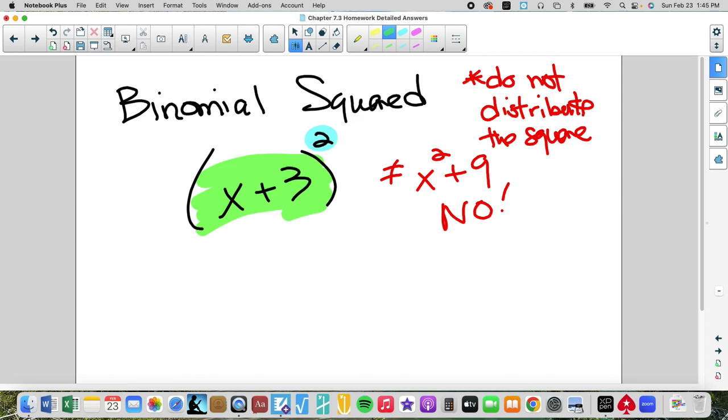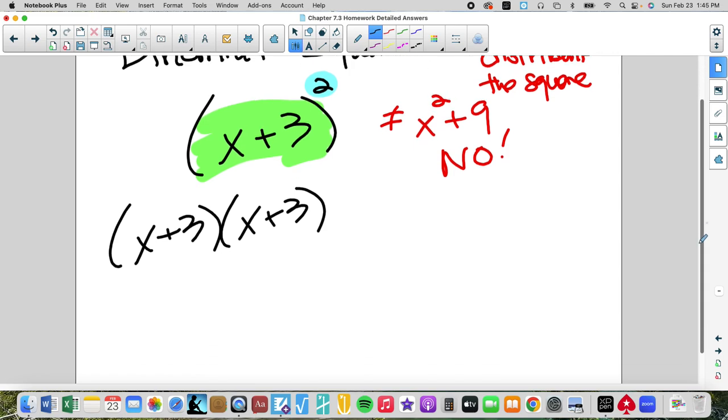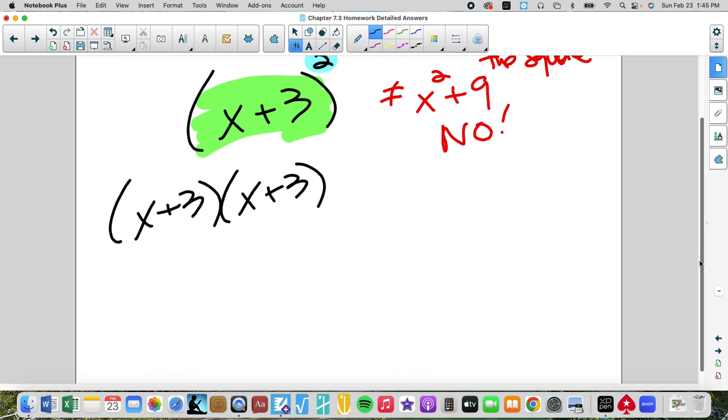So if we have two of those, that is seen as x plus 3 times x plus 3 because we have that whole entire piece. And then, because we learned in 7.2 that we do a double distribution, we're going to distribute that x to each piece in the second term, and then we're going to distribute this 3 into each of the pieces in the second binomial.